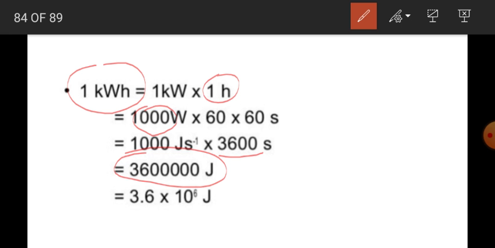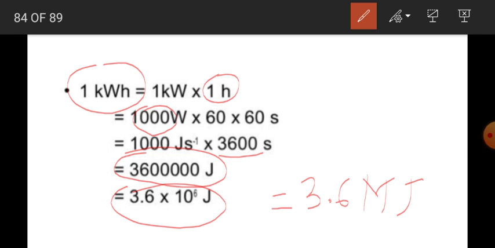That can be written in this form, 3.6 into 10 raised to 6 joule. It means 3.6 mega joule. Mega means 10 raised to 6. So, this is the relationship between kWh and joule.